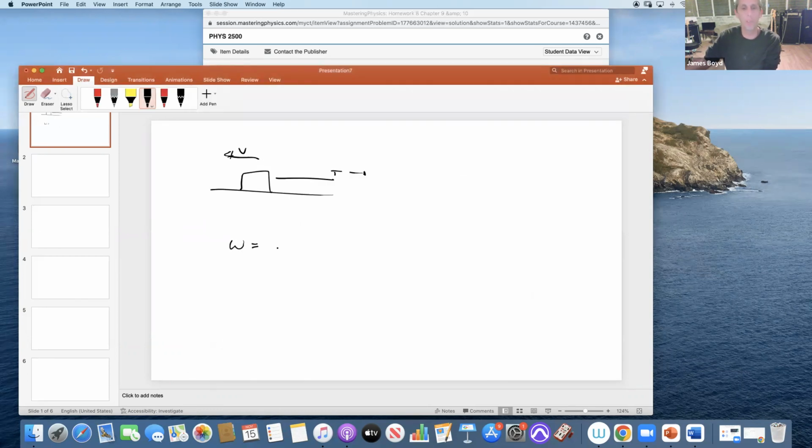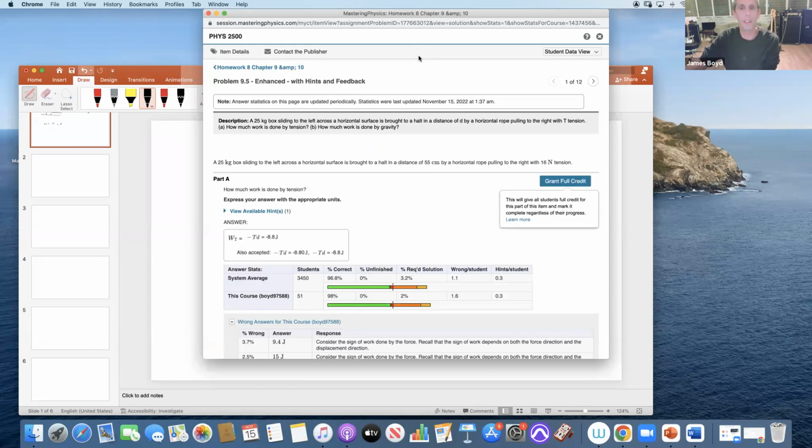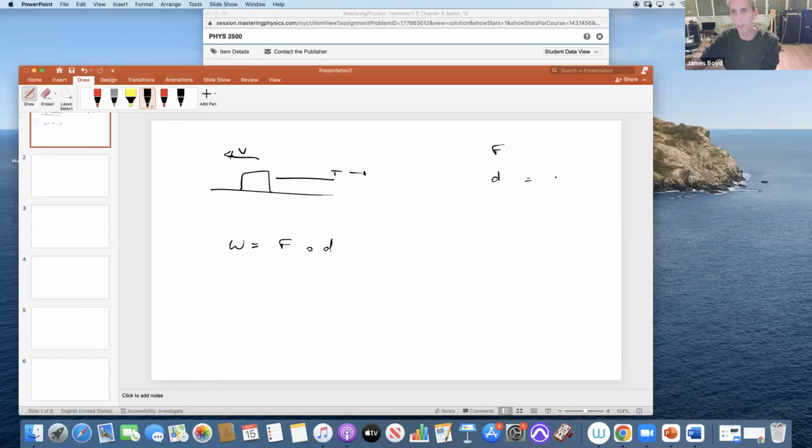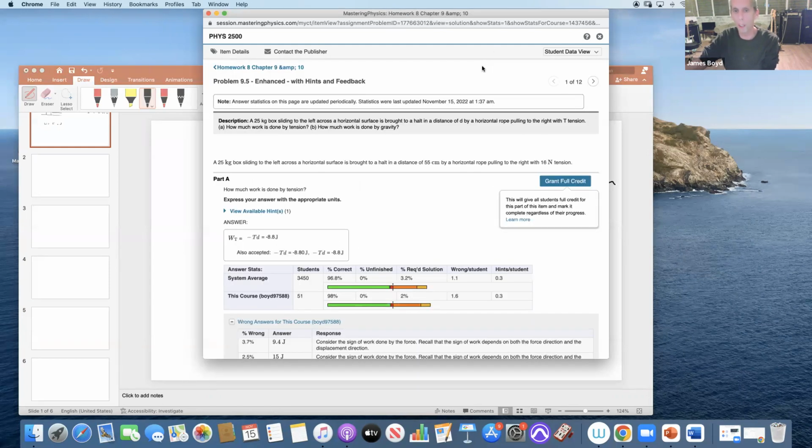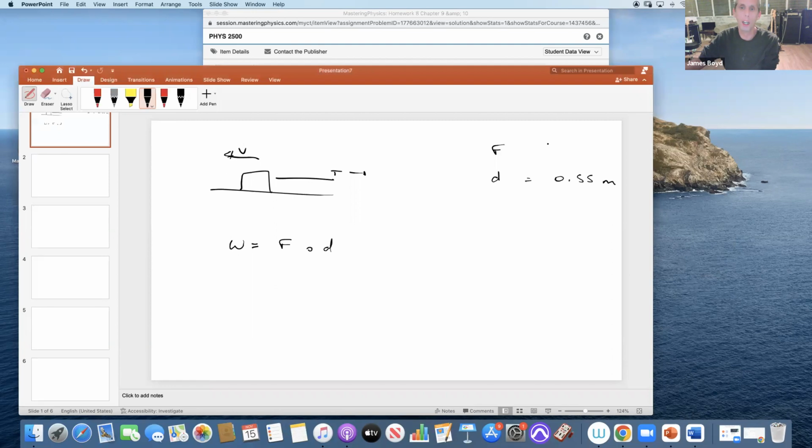The definition of work is F dot D. Here, our F and our D are given; yours are obviously different. Remember to put D in meters. Work has to be in joules, which are Newton meters. And this is 16 newtons, but this is our tension.